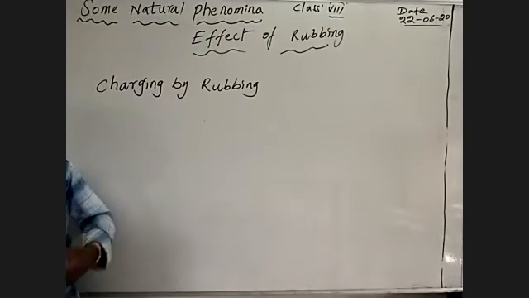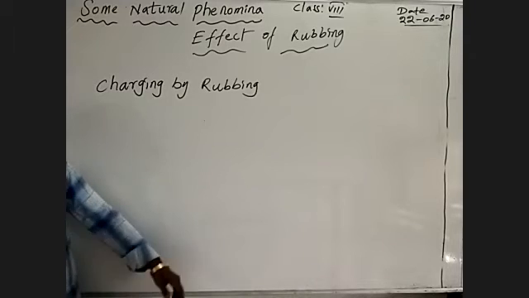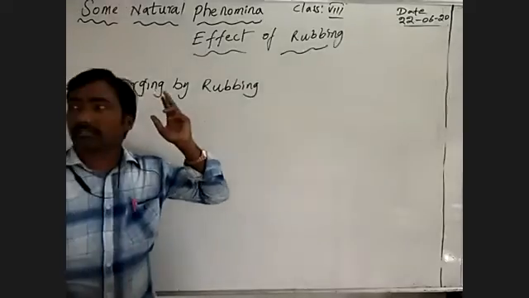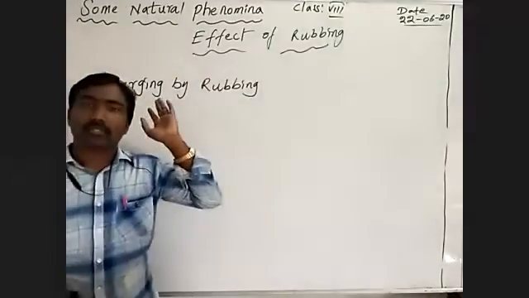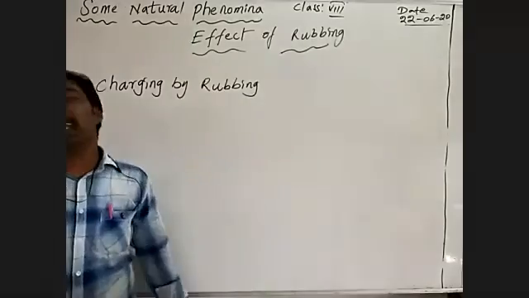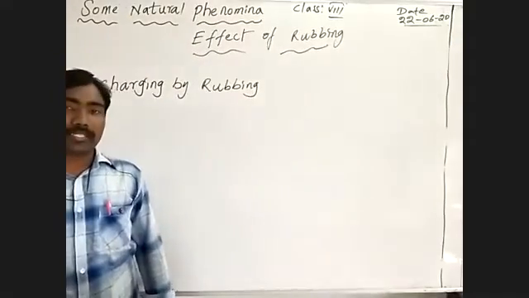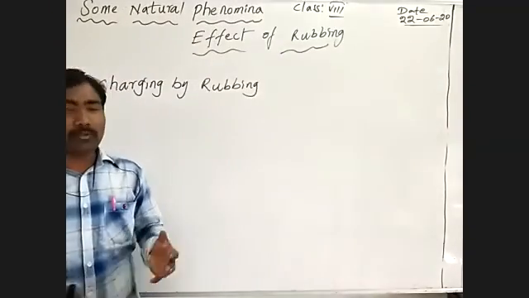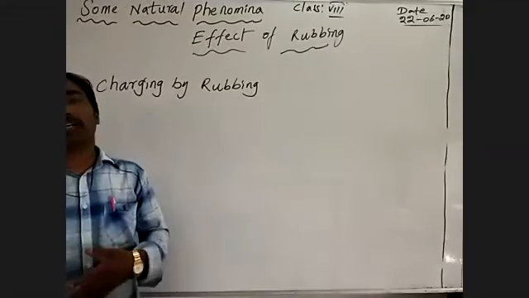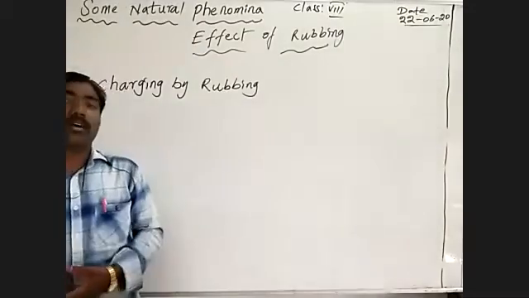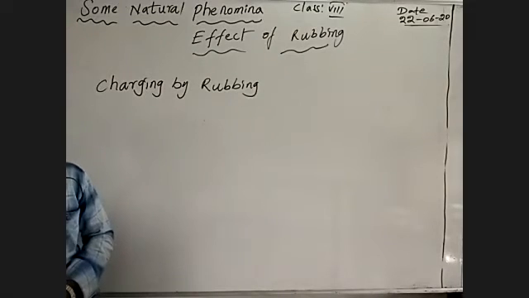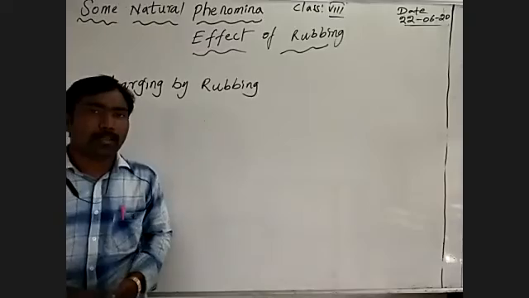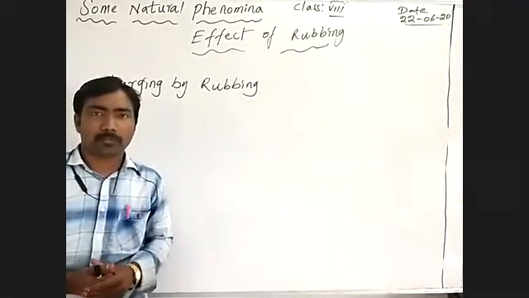Of course, with the same plastic scale, rub it on our dry hair for some interval of time, then bring that rubbed plastic scale near the tiny pieces of paper. Again, we may observe that the tiny papers will be attracted by the plastic scale. What I'm talking about, do you understand?